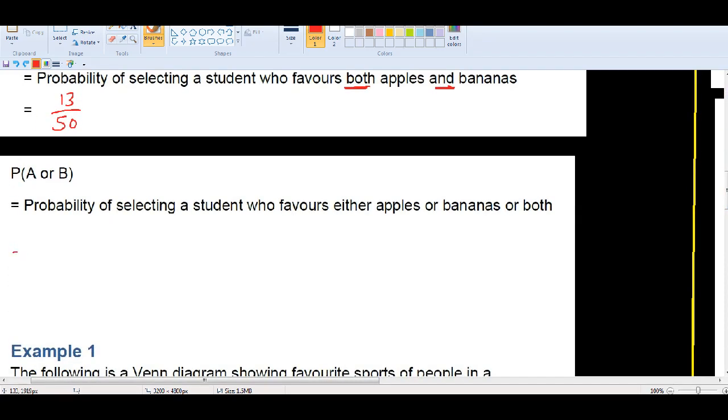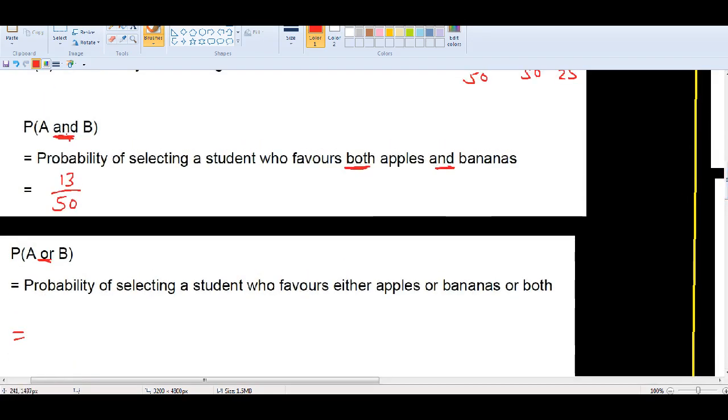So this is really the last one, A or B. Let's compare. A and B means students who favor both apples and bananas. But for probability using the word "or", that means students who favor either apples or bananas or both.